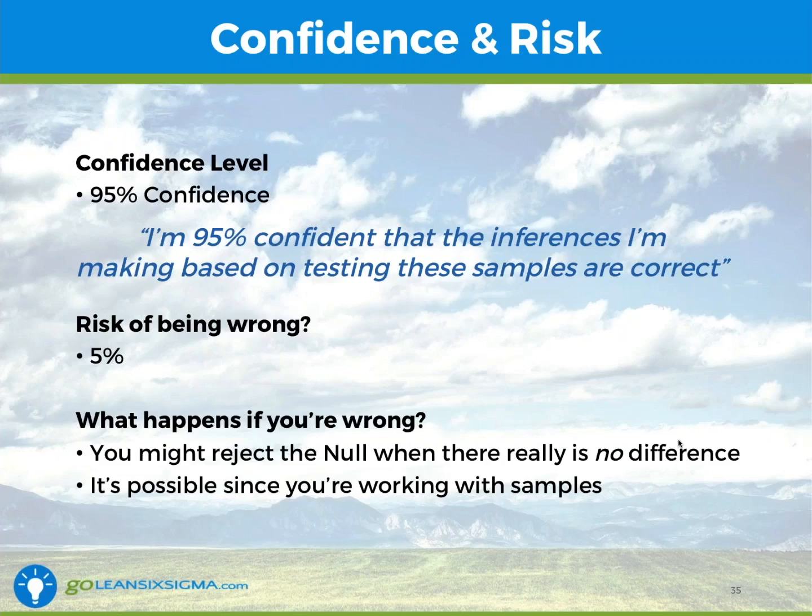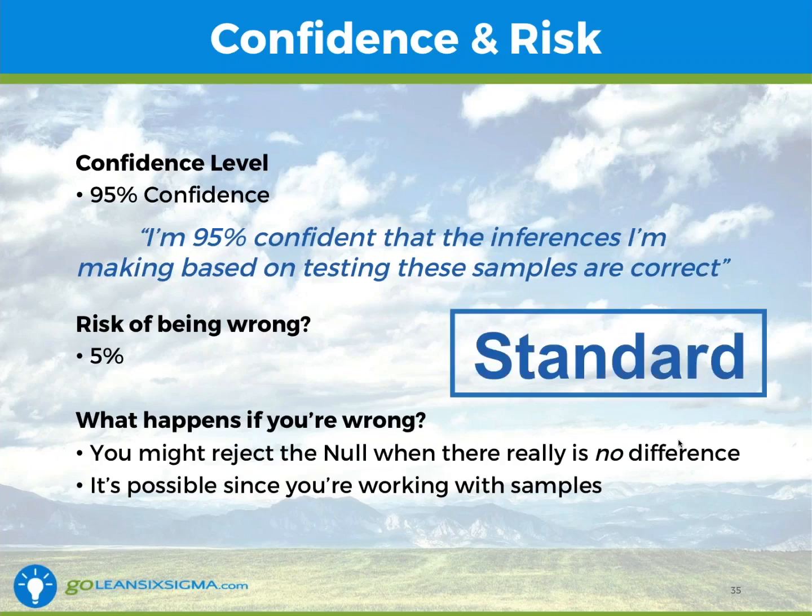And that means there's a 5% risk I am wrong. So I may say, hey, downtown's different from the beachfront, and really it's not, because there's a 5% chance I'm wrong. So you might reject the null when there really is no difference. It's possible, because we're working with samples.